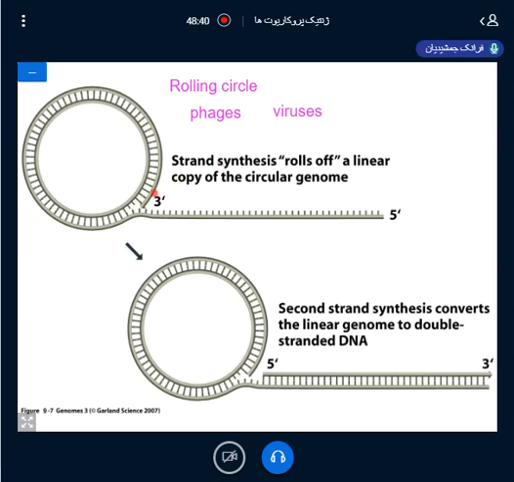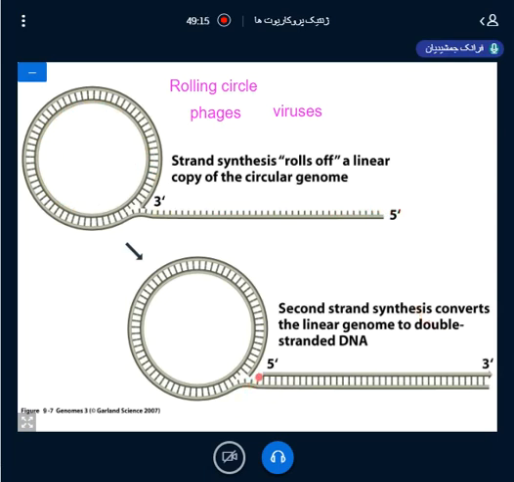I told you at first we have one break in one strand of DNA, and the new nucleotides attach to the 3' end. The inner strand rolls and plays the role of the template, and the outer strand continues like this.